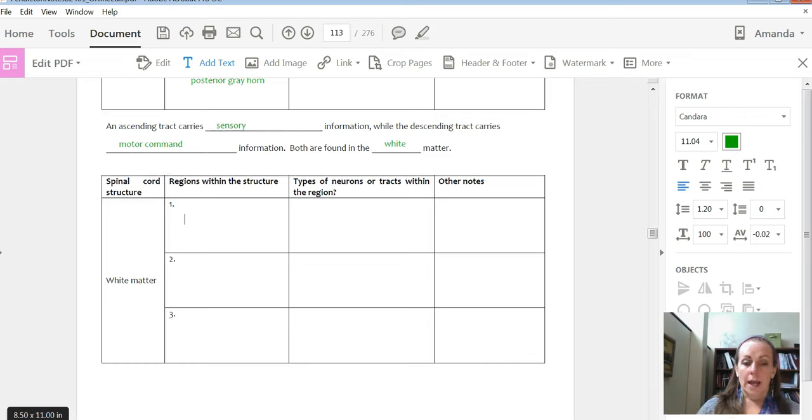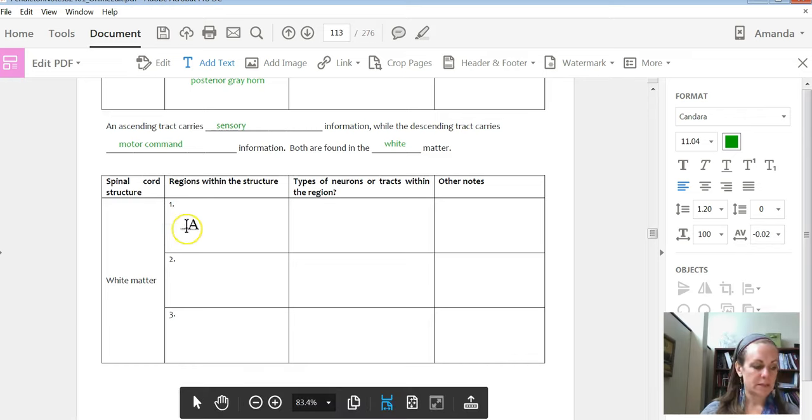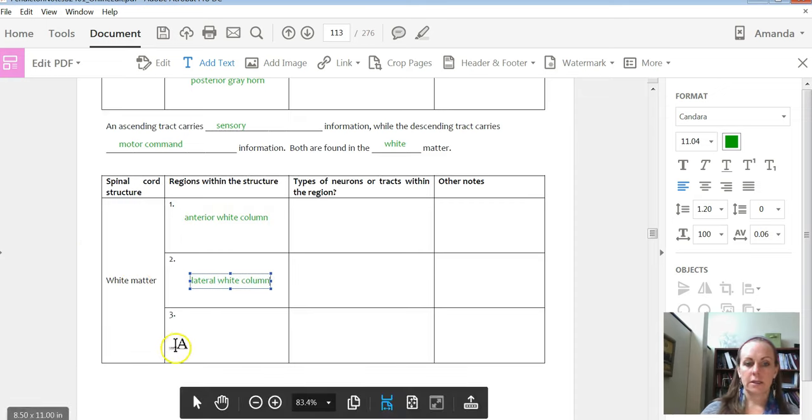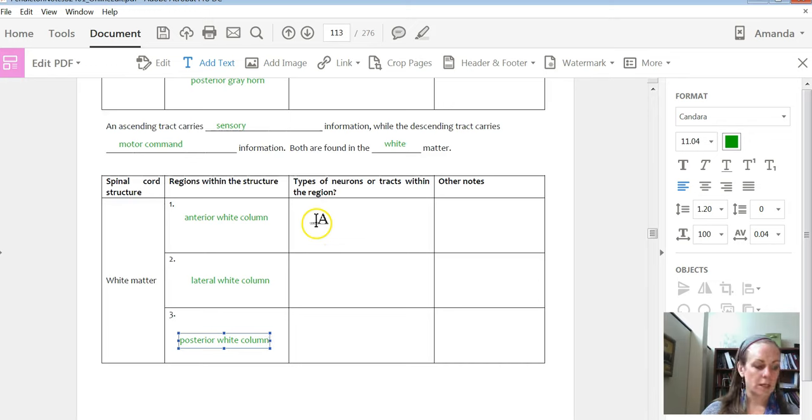Okay, and so to help you on your filling out this last part of the basic sheet, we're going to have the anterior white column. Okay, here we would have lateral white column, and finally we're going to have posterior white column. Okay, so the anterior white column is going to contain both ascending and descending tracts.